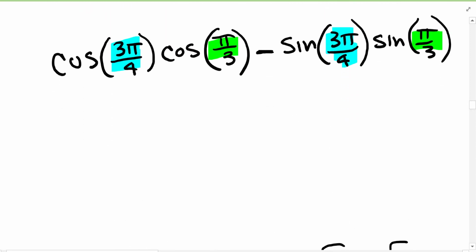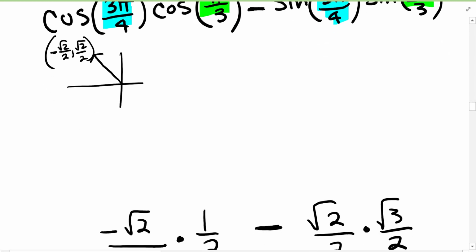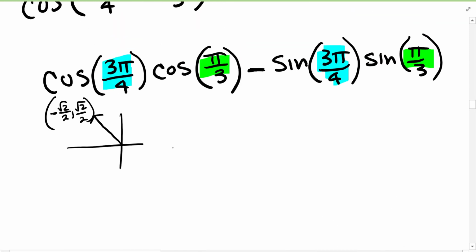All right, so we take cosine of 3 pi fourths. Well, 3 pi fourths is over here where cosine is negative, and all of the pi fourths are root 2 over root 2. It just so happens that in this quadrant for cosine it's negative. So we have negative root 2 over 2.